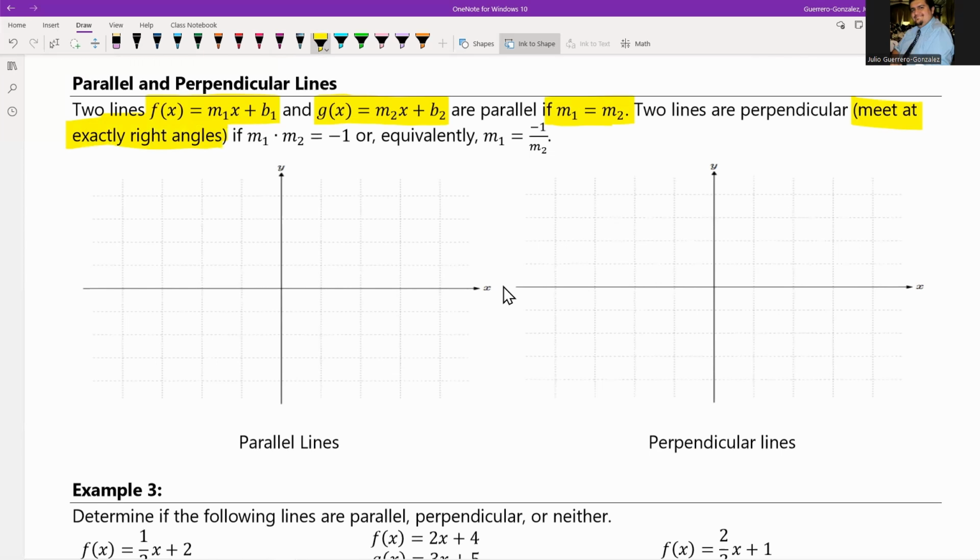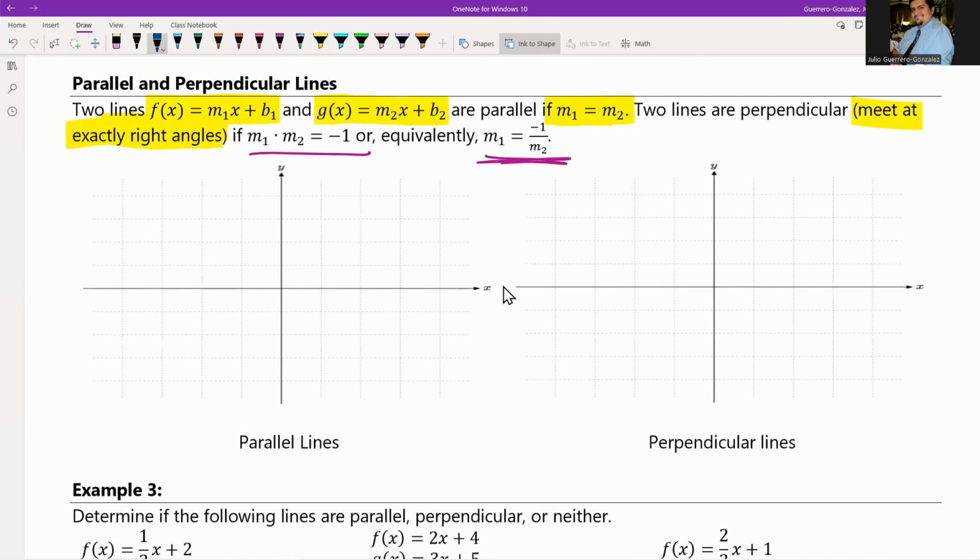Or equivalently, this is the thing that people usually remember from high school, one slope is the negative reciprocal of the other. I learned it this way, but if you remember the negative reciprocal thing, then that is fine with me. Got it?